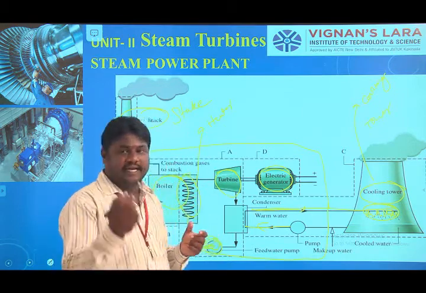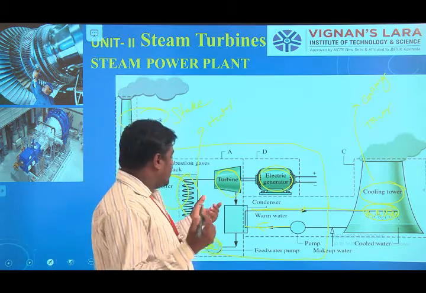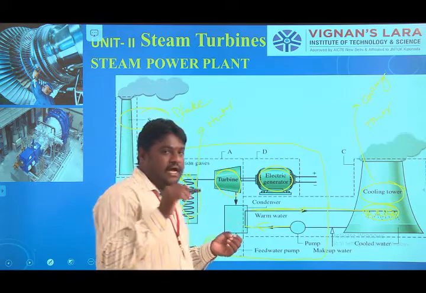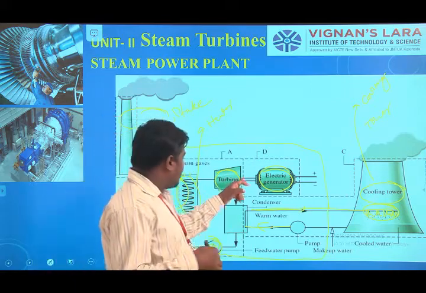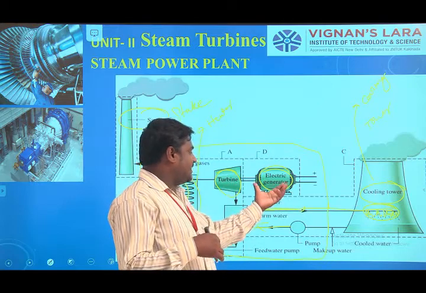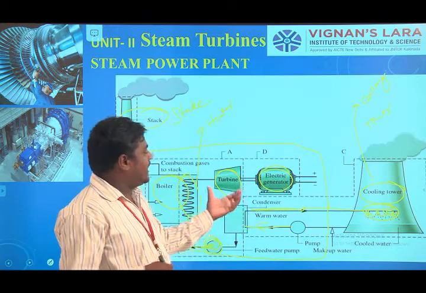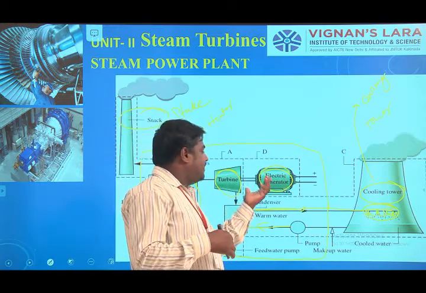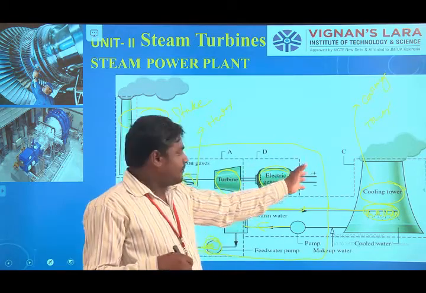The turbine blades will rotate, and the shaft is connected to the turbine blades. At the end of the shaft, the electrical generator is there. That generator transfers mechanical energy to electrical energy.